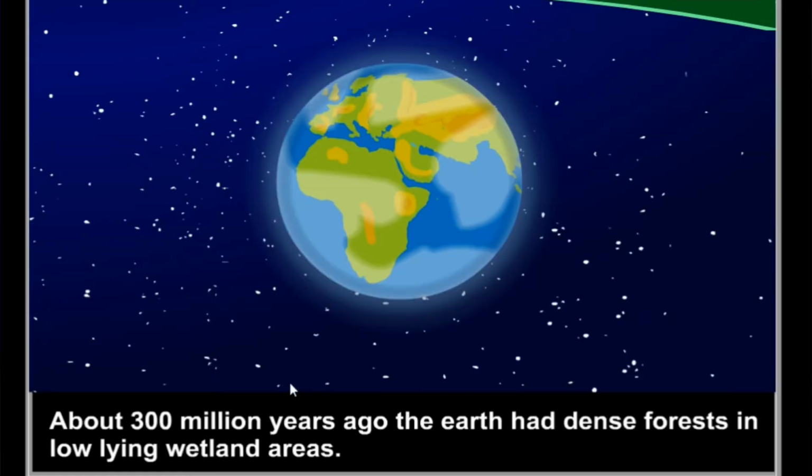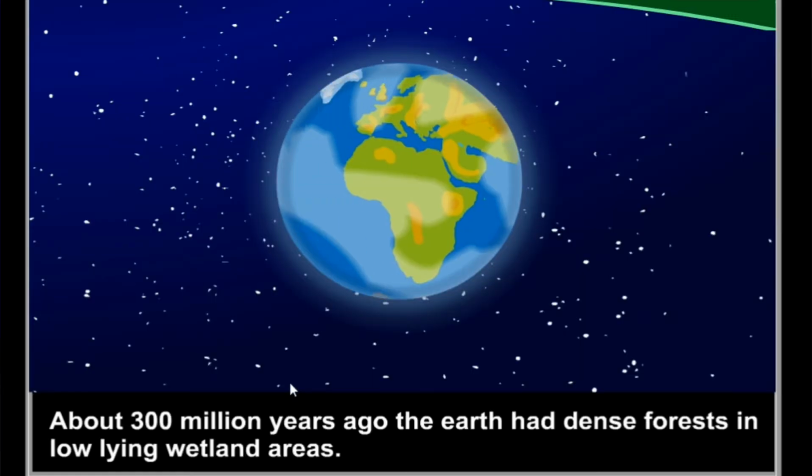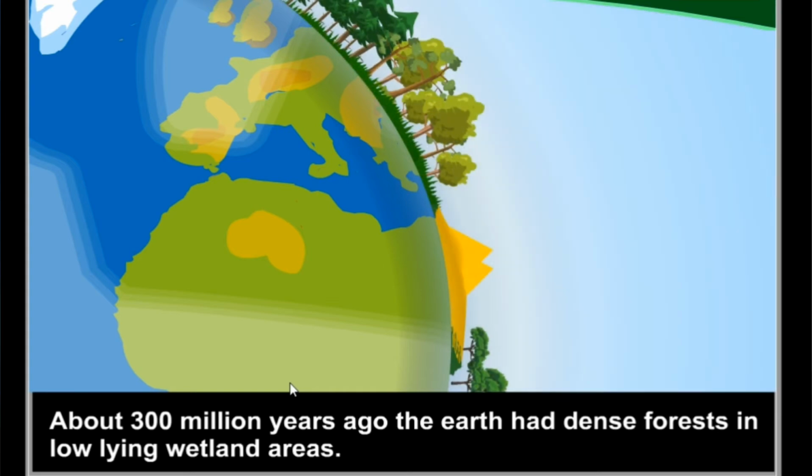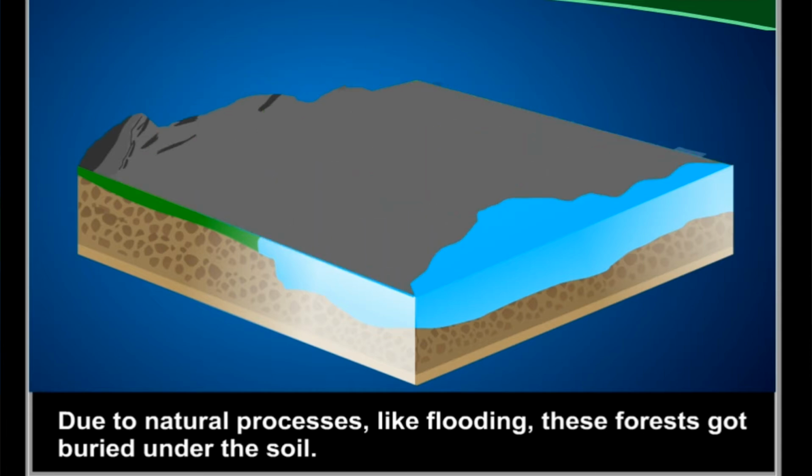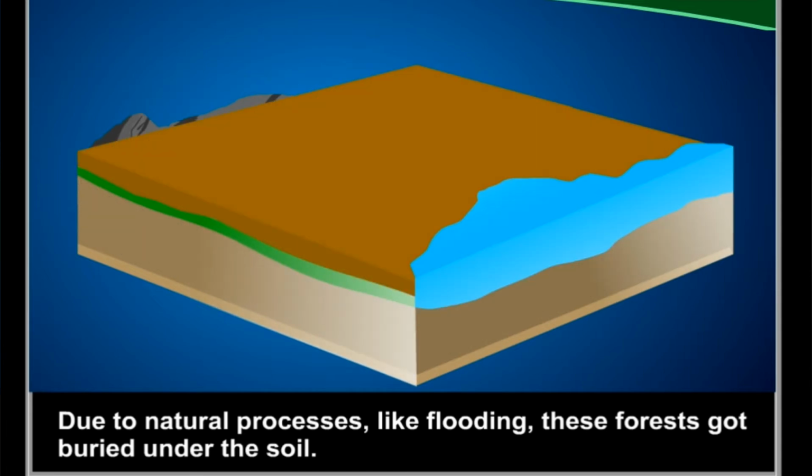Story of coal. About 300 million years ago, the earth had dense forests in low-lying wetland areas. Now, due to natural processes like flooding, these forests got buried under the soil.